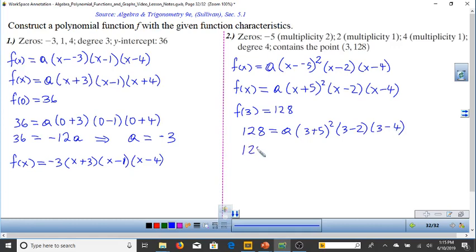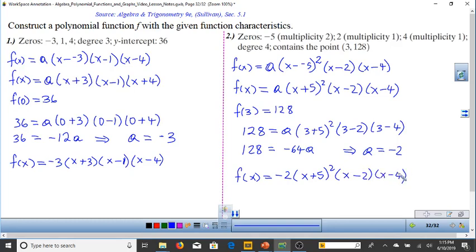So we're talking about 128 is equal to -64a, which means a is equal to -2. So then the function f of x is equal to -2 times x plus 5 squared times x minus 2 times x minus 4. And that brings us to the end of this example and this lesson for today.